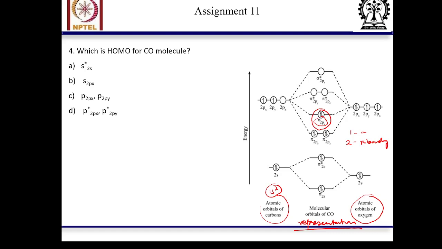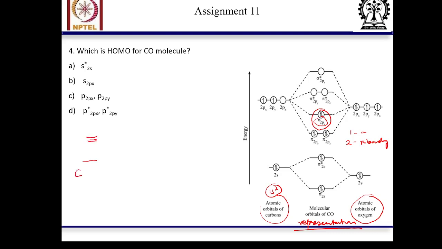Now people usually plot it the other way also, so I will just draw one more way how the sigma orbital diagram of CO looks. Just give me a second. Okay. So we have carbon and we have oxygen.